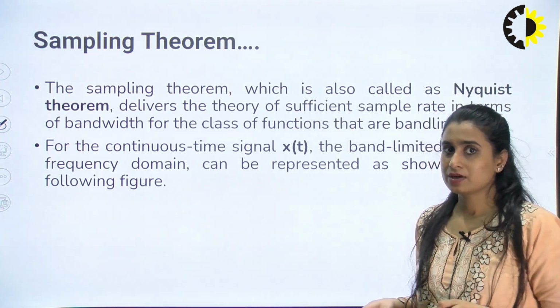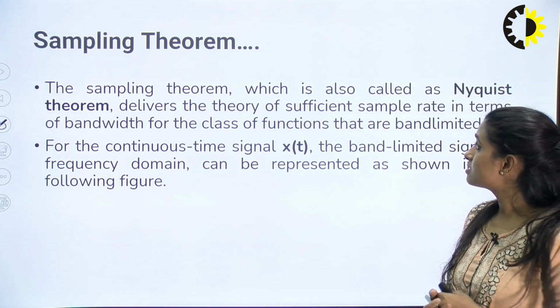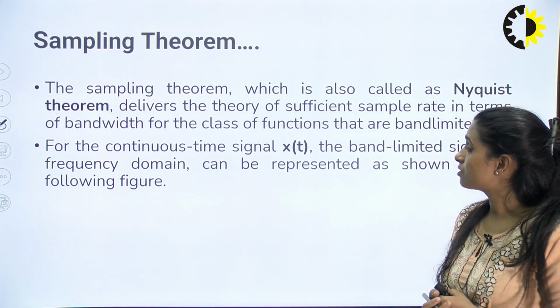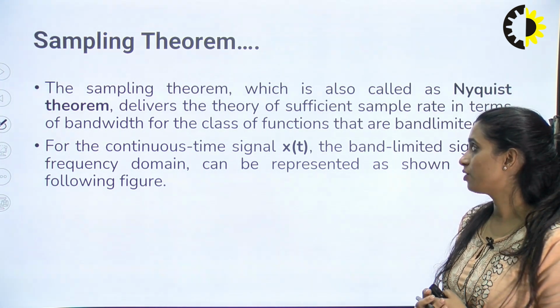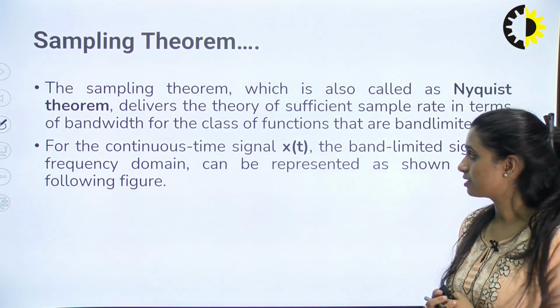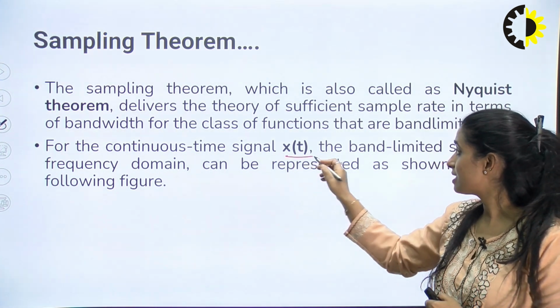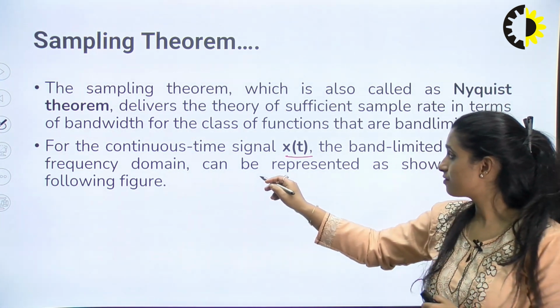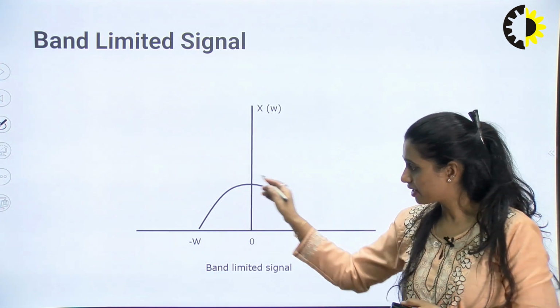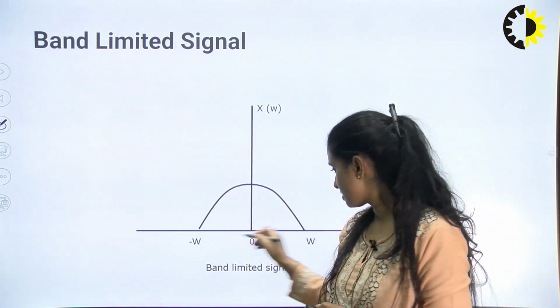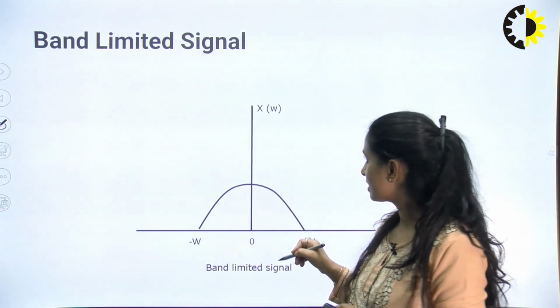The sampling theorem, also called the Nyquist theorem, delivers the theory of sufficient sample rate in terms of bandwidth for the class of functions that are band limited. Now for a continuous time signal s(t), the band limited signal in the frequency domain can be represented like this. This is how I can show a band limited signal, where the frequency band exists from minus W to W, right?